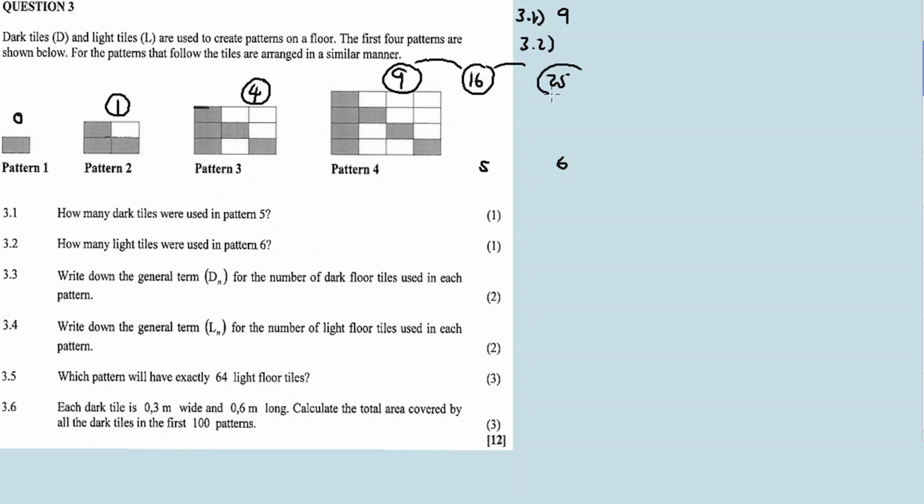It's definitely 25. That's how I work it out. So for pattern number 6, it's what? It's 25. So our answer here is 25 light tiles.